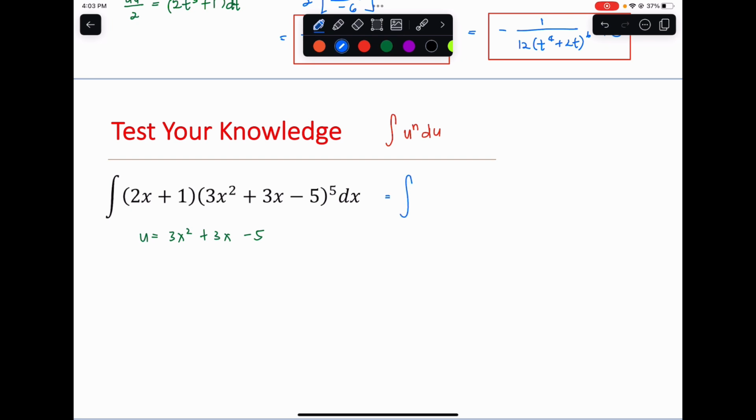So therefore, this is the same as 3x squared plus 3x minus 5 raised to 5, then multiplied with 2x plus 1 dx.